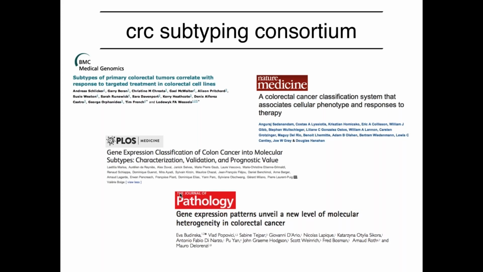But what the community saw in these 4 papers was in fact an inconsistency. So one of these groups said that there were 6 subtypes. 2 of these groups said there were 4. One of them said there were 3. And each one of the groups had slightly different prevalences, and each one of the groups had slightly different underlying biological mechanisms that were represented as part of the subtypes.